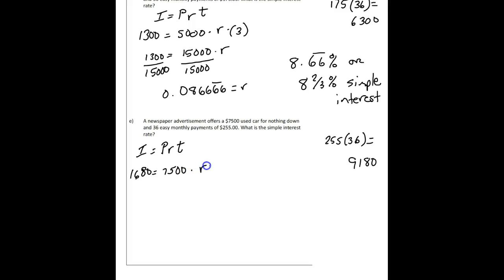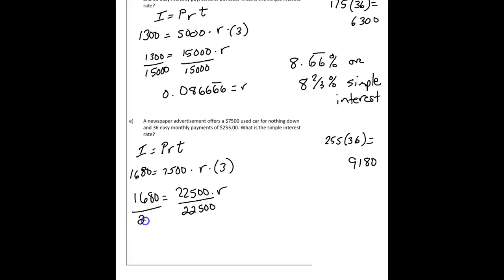So that's times our rate and times our time, which again is 36 payments, which is 3 years. Remember, time always needs to go in years. I suppose you could put it in months if you did 36 divided by 12, but it's easier to put it in 3 years. Okay, so I now have 1680 equals 22,500 times R. And to solve for R, we're going to divide.